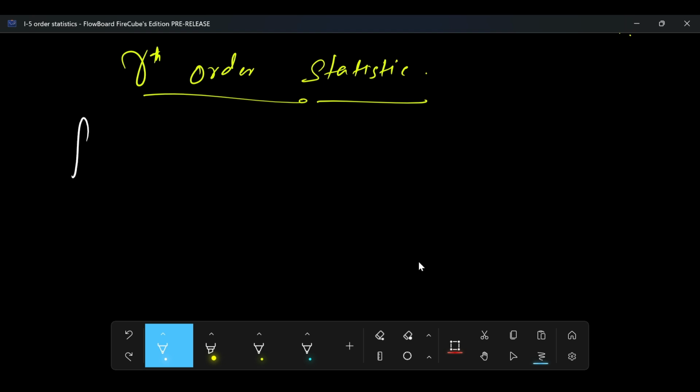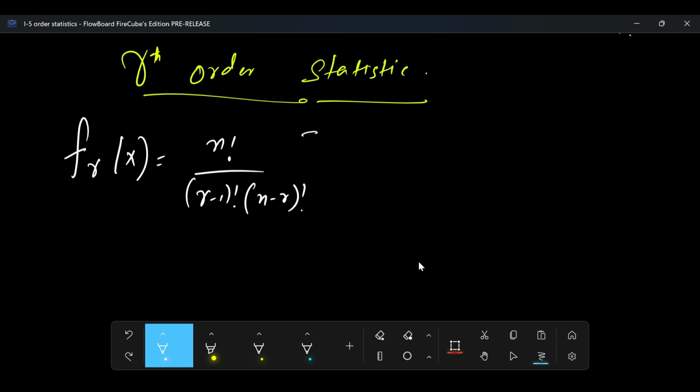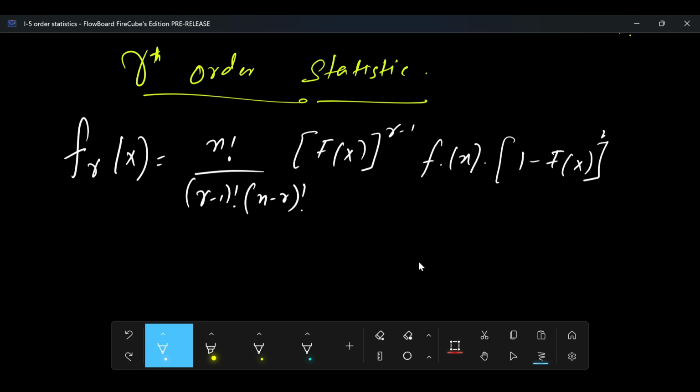That is f_r(x) equal to n factorial upon (r minus 1) factorial (n minus r) factorial, into F(x) raised to the power r minus 1, into the PDF, into (1 minus F(x)) raised to the power n minus r.